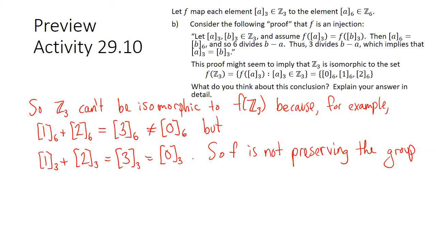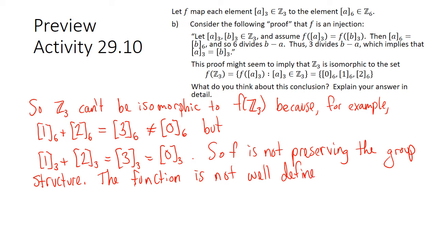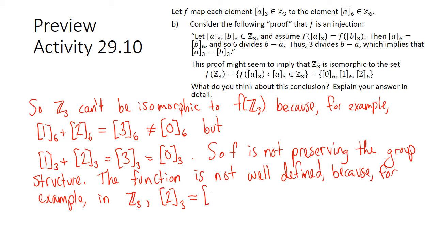And so the real problem that's going on behind the scenes here is that this function is not well defined. And I mean the following by that. The function is not well defined because, for example, in Z3, the following two things are the same. 2 mod 3 is the same as 5 mod 3.